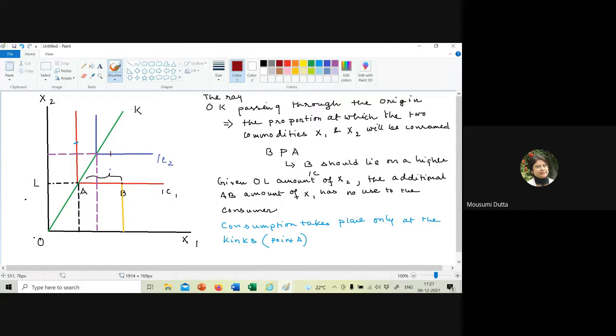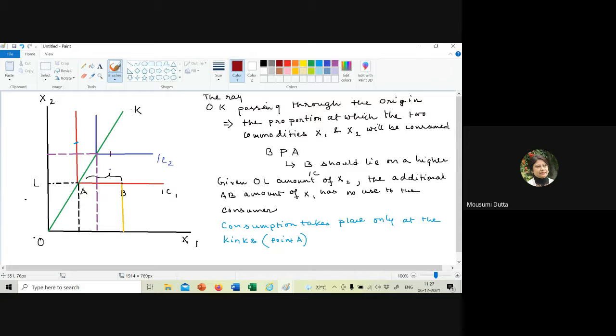Here the equation is minimum of ax, by. So here, I'm considering any other point apart from the kink. This point is irrelevant to the consumer.